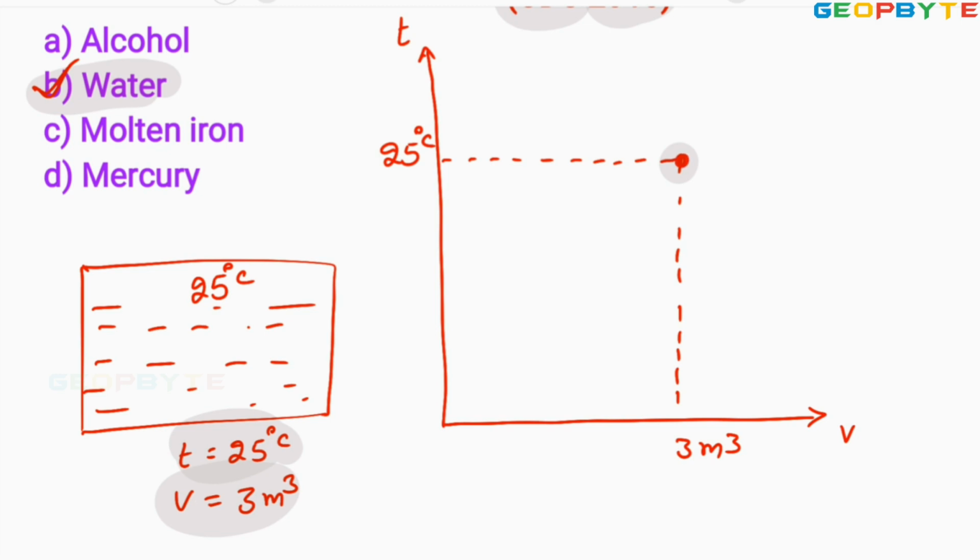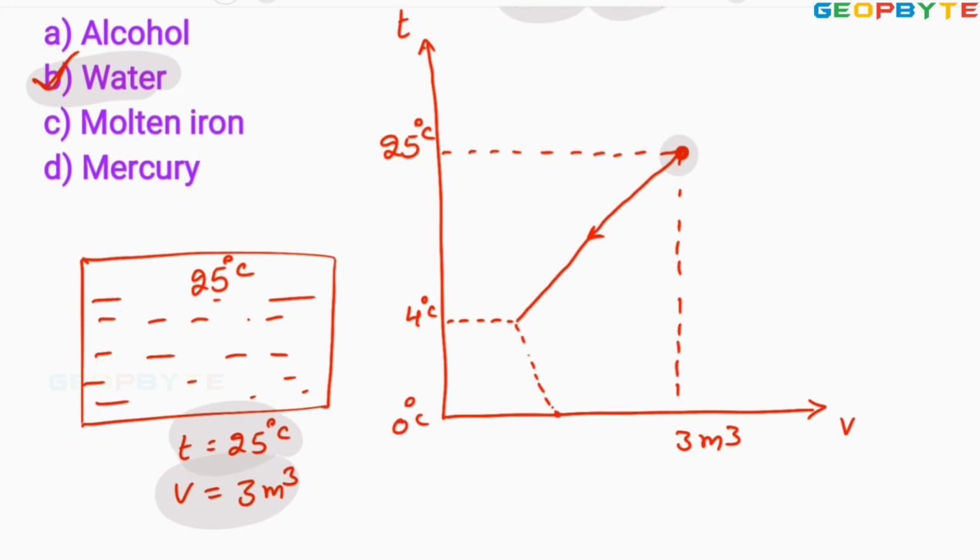When I cool that water, the temperature of the water decreases. Along with temperature, the volume occupied by the water also decreases until it reaches 4 degrees centigrade. Once the water reaches 4 degrees centigrade, because of further cooling, the temperature is dropping, but the volume occupied by the water increases up to 0 degree centigrade.